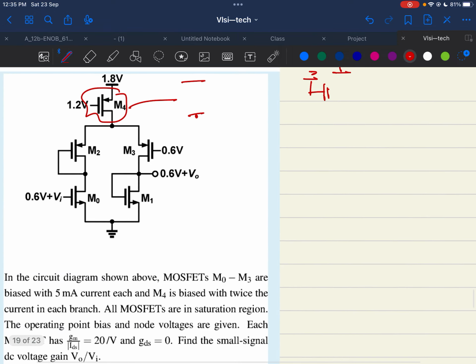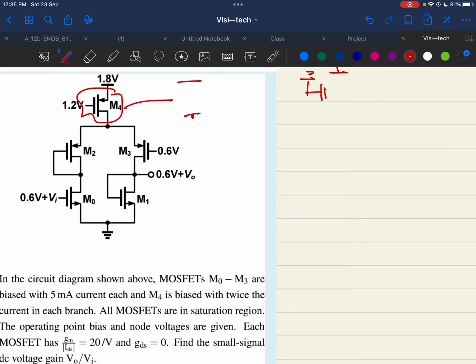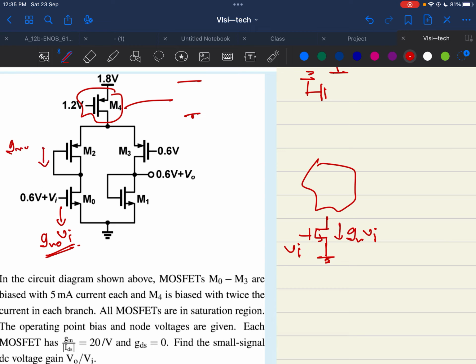Now consider the other transistor. This is the Vi. Here the small signal is applied and the source is grounded. Now the external circuit is present, so a current Gm0 into Vi will flow through this transistor. And now this M0 and M2 are in series, so the same Gm0 Vi current will flow through this M2 transistor.